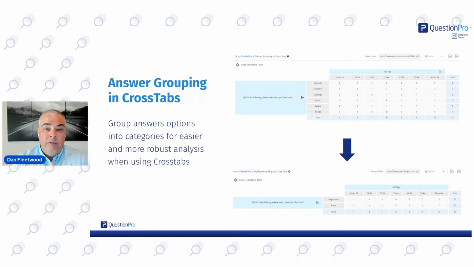You can do that via a point and click interface. You click on this grouping button, it brings up another box, and you put in your different labels and which answer options you want in those, and then it groups them together.